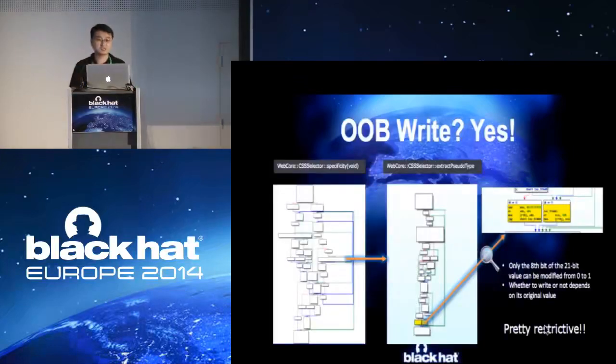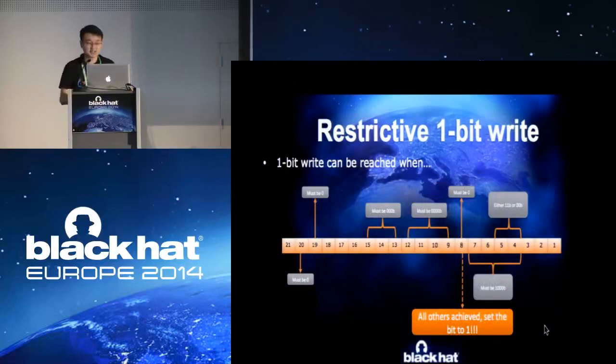If we check the code flow carefully, we can see that in some cases, OOB write can be achieved, but it is very restrictive. It has to pass a lot of checks to achieve a 1-bit write. You can see that this is a 21-bit value, and you have to meet all those conditions.